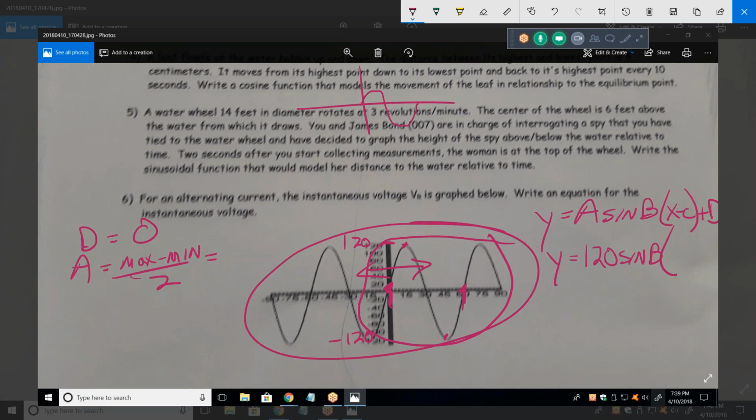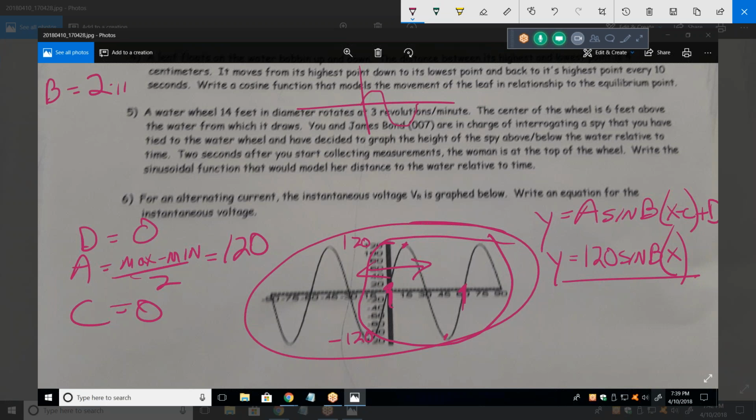So we know C is 0 also. So the only thing really left to figure is B. In other words, this is our answer, except we've got to figure out B. Well, B is equal to what?